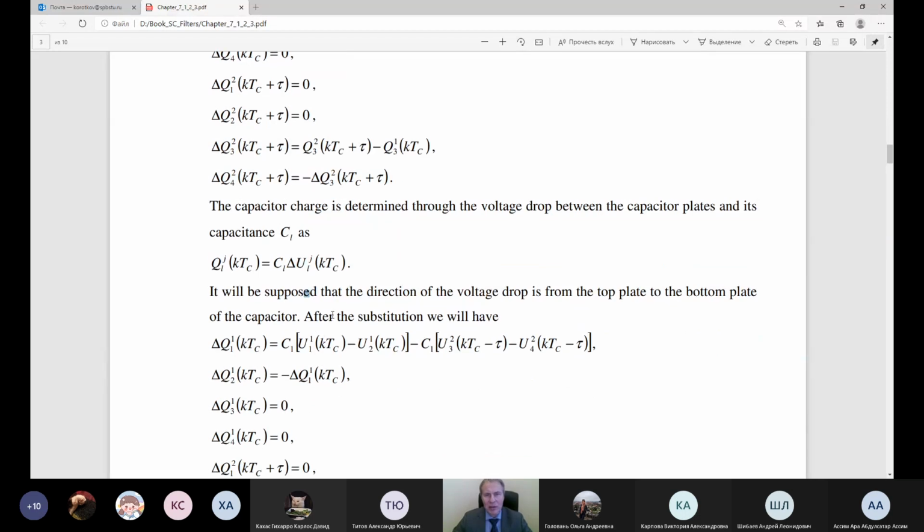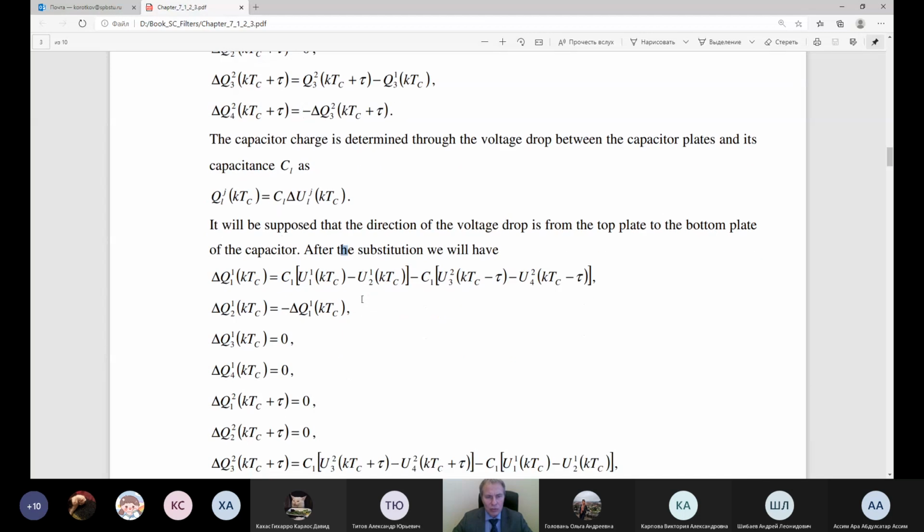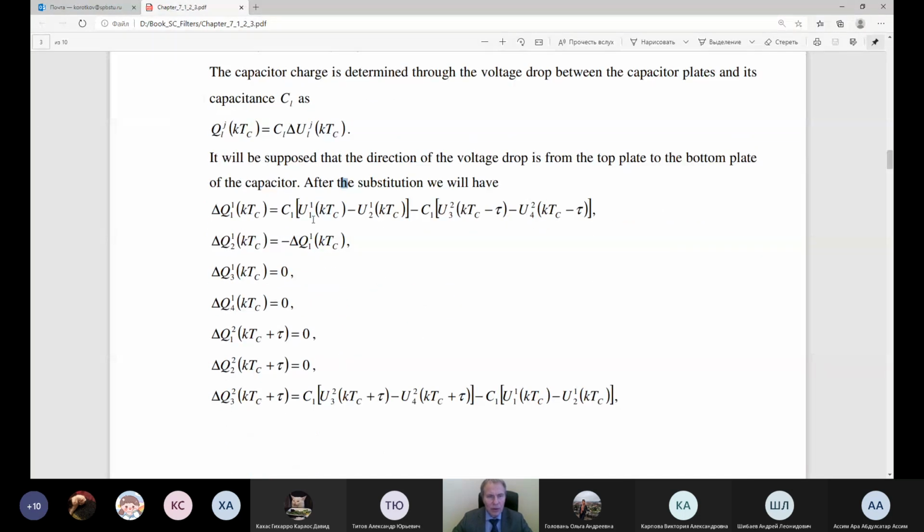So once again, coming back to our notation, we said that the positive voltage drop will be from the side of the upper plate to the side of the bottom plate. С верхней на нижнюю обкладки будем считать, что это есть положительное падение напряжения, да? So it means that it is possible to conclude here that we have the following equation for the first formula.